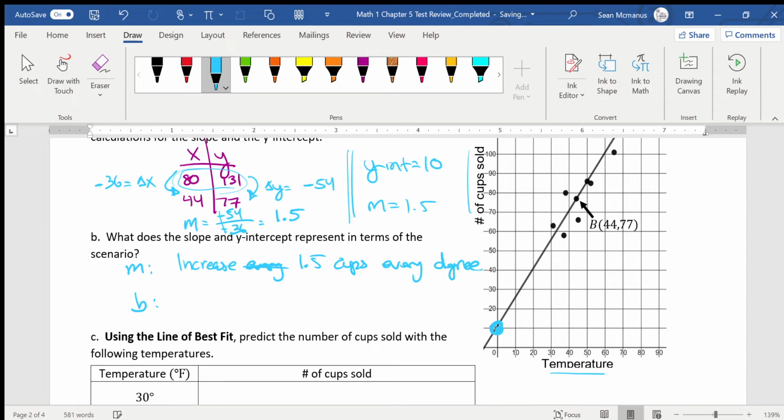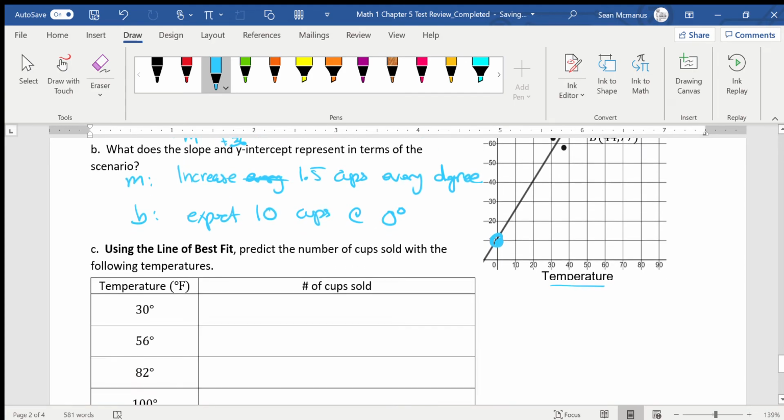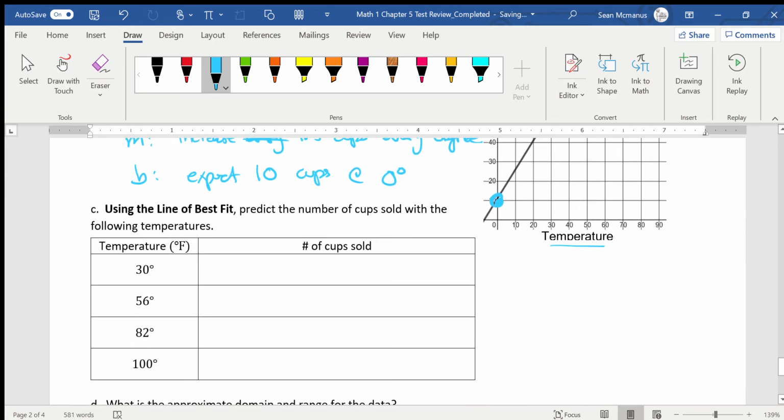And the y-intercept means I would expect 10 cups at 0 degrees. I don't know who's buying shaved ice when it's 0 degrees outside, but I guess 10 people do.